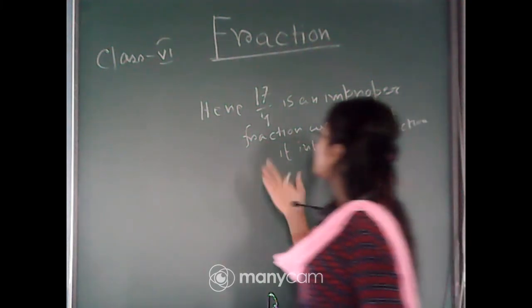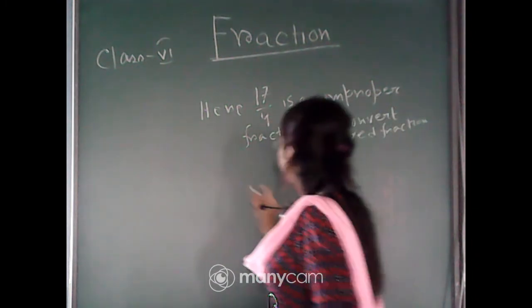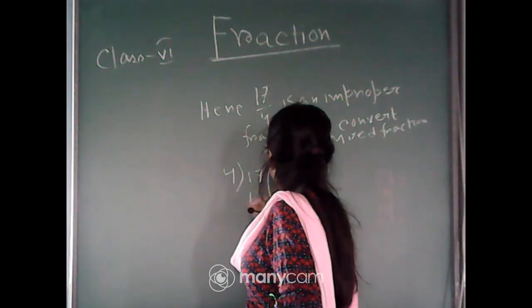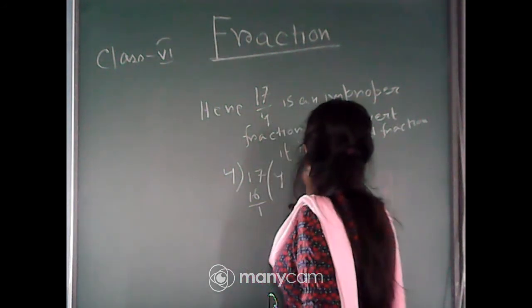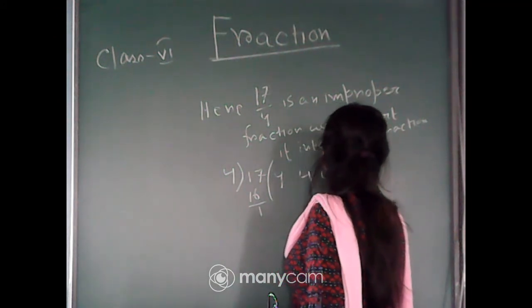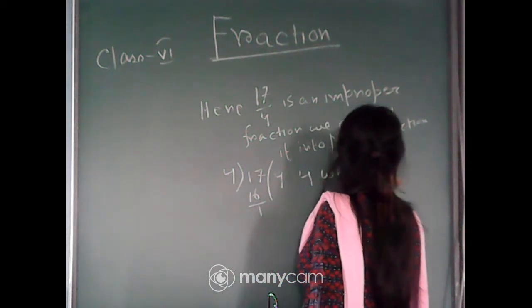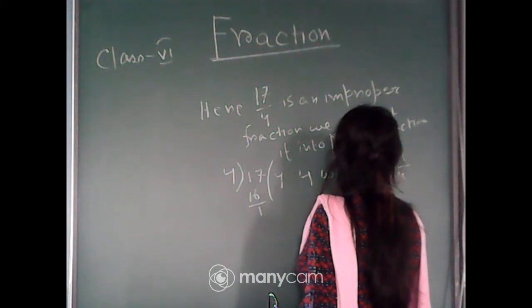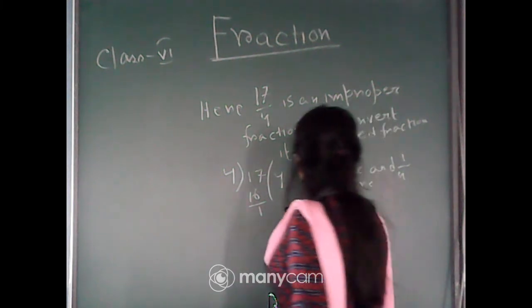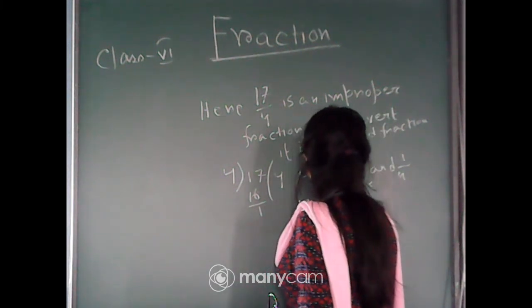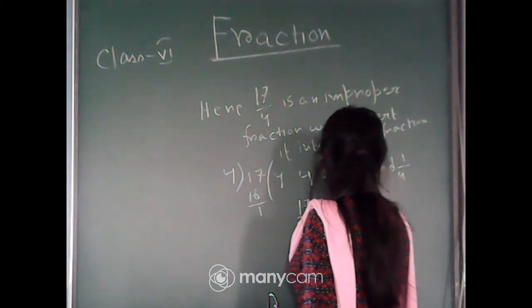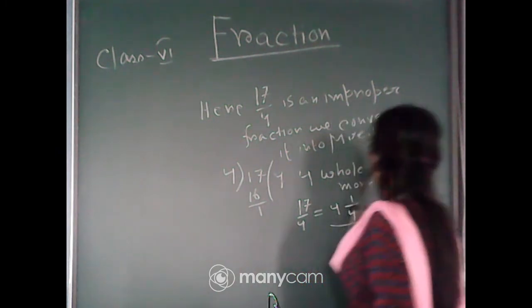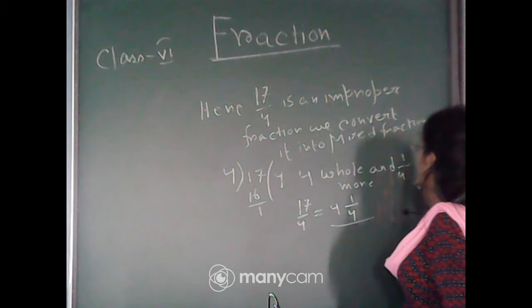For this we first divide 17 by 4 and we get 4 whole and 1/4 more. Therefore, 17/4 is equal to 4 wholes and 1/4.